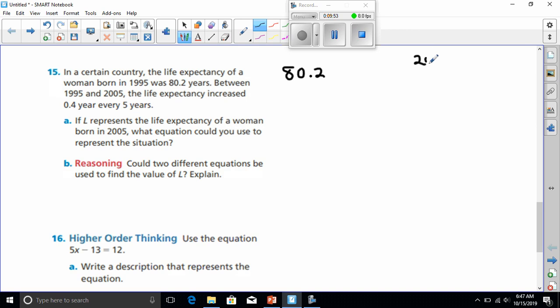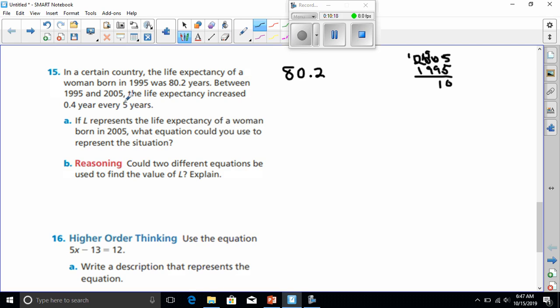Well, from 2005 to 1995, is how many years here? We've got 0, with the borrow one, right? That's going to turn this to a 9, and this to a 9. Well, that's actually, no, that'd be 10. So we're talking 10 years.